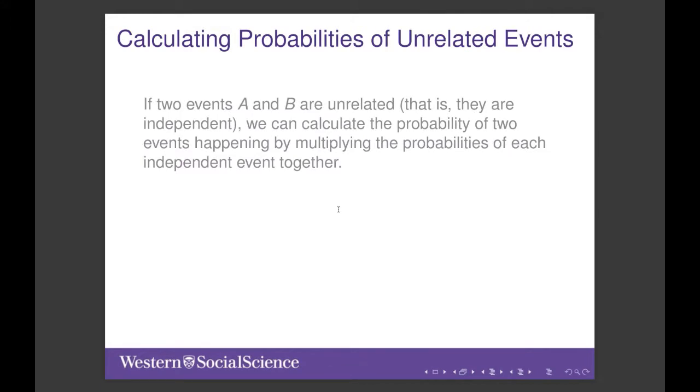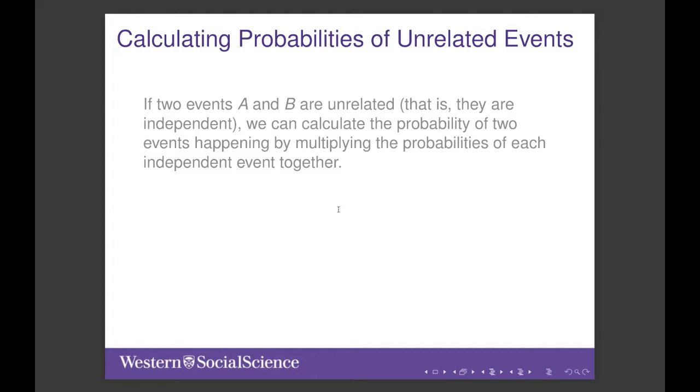First, we'll talk about calculating the probability of unrelated events. Oftentimes, we might want to calculate the probability of a series of events happening. We have a bit of intuition for how this works.